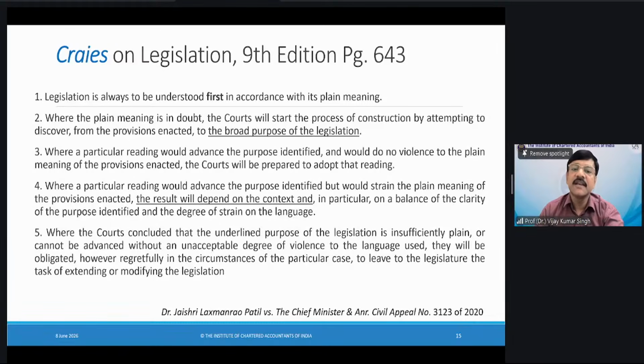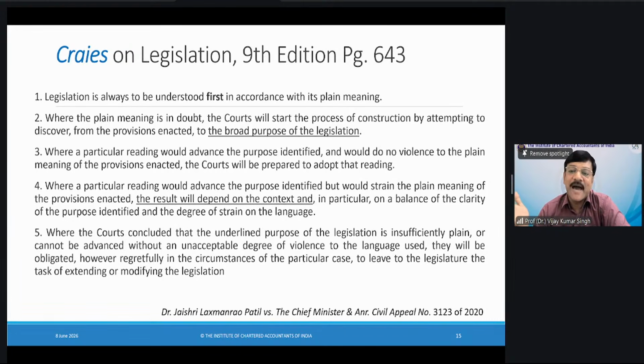Now, where a particular reading would advance the purpose identified but would strain the plain meaning of the provisions enacted, the result will depend on the context. I told you before in my previous class that context is the king. So interpretation will happen where? Interpretation will happen in the context.